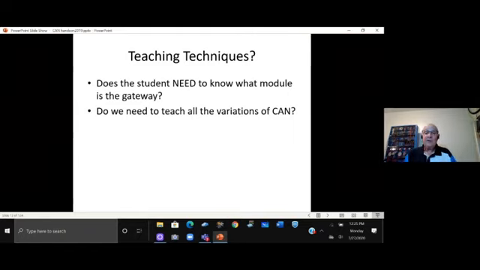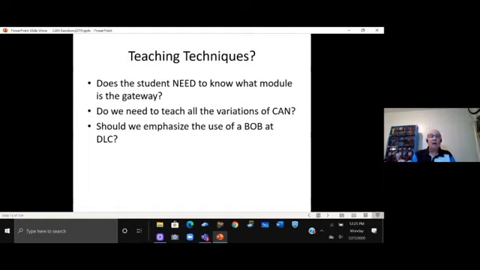So they don't need to know all these variations of CAN. What they need to be able to do is do a basic CAN bus diagnostics. And to be able to do a basic CAN bus diagnostics, you have to have a pretty good idea of what you're working on.